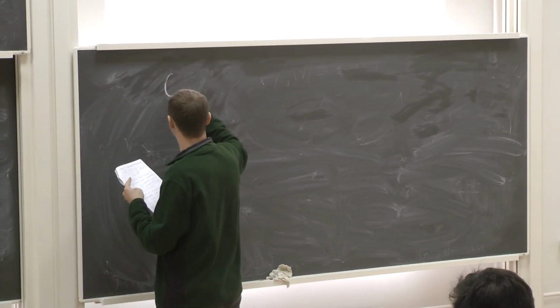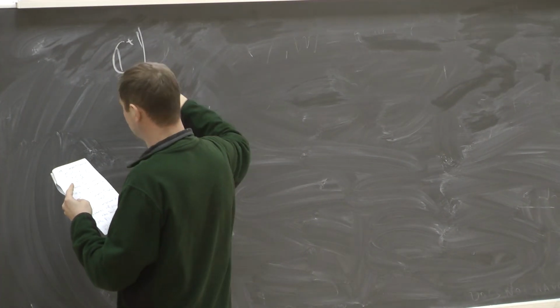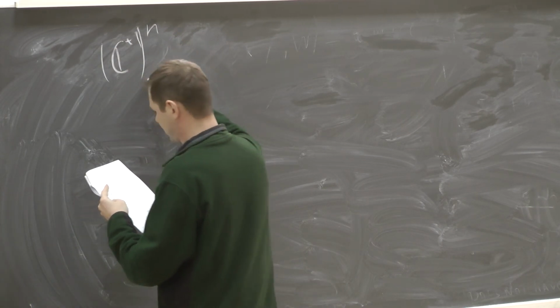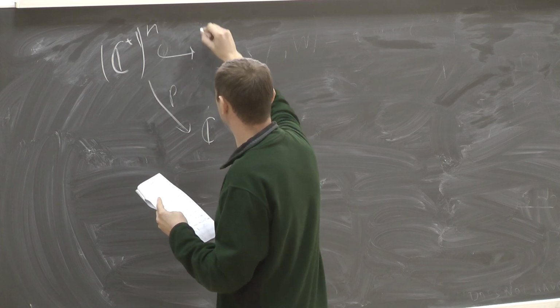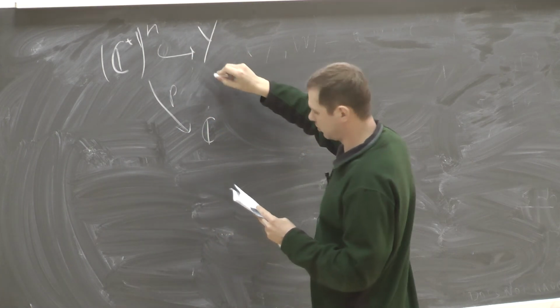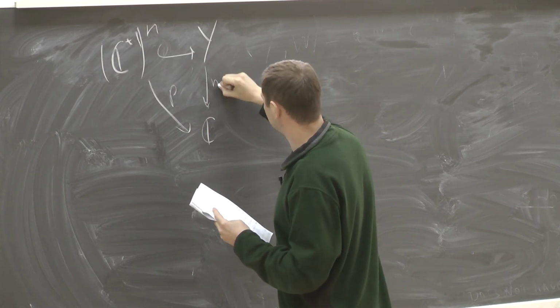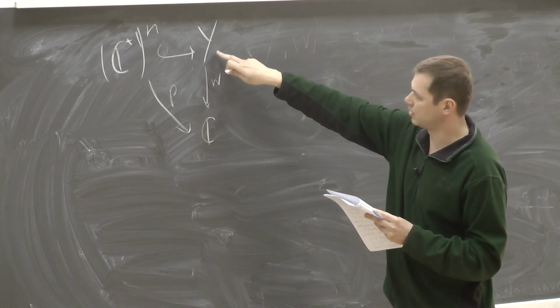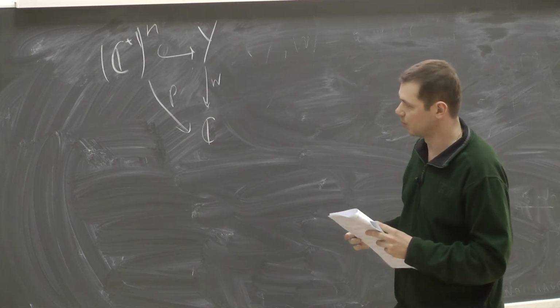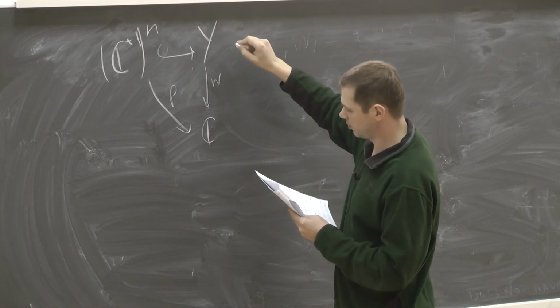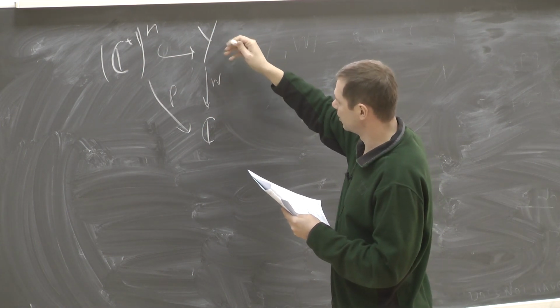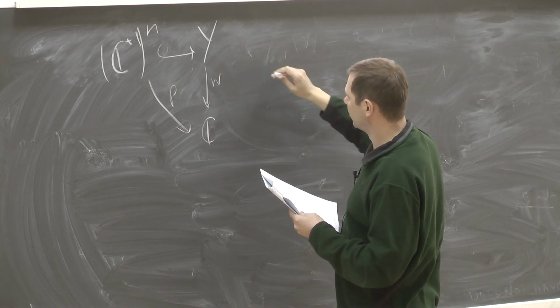So we have the map P from (C star)^n to C, then we compactify it to Y, where Y is smooth and all fibers are compact. So it's a fiber-wise compactification. This is a Calabi-Yau compactification, and fibers should be Calabi-Yau.